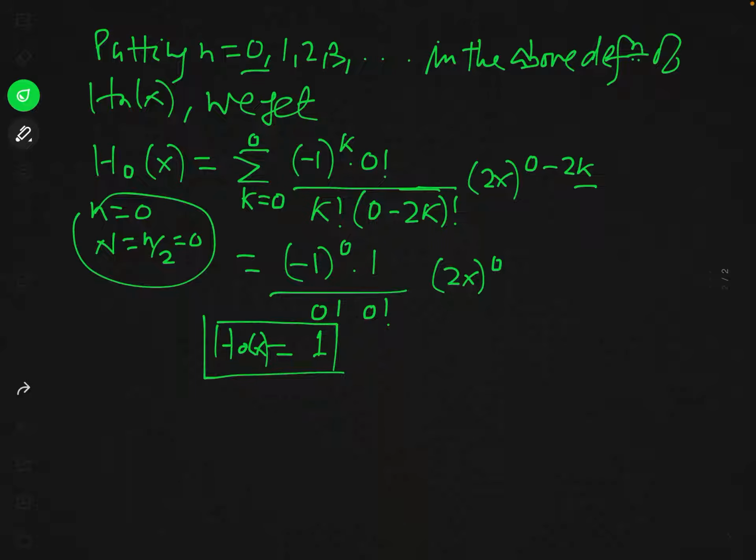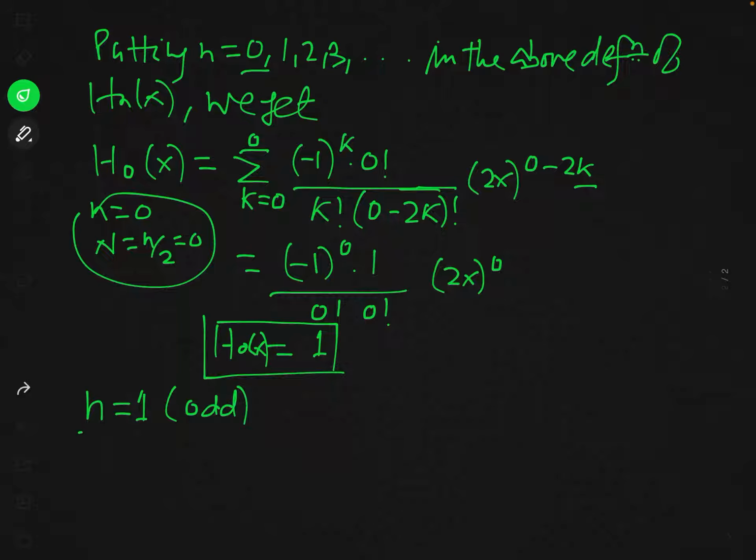So you can see that by using this definition we can easily find the Hermite polynomials of different orders. Till now we have obtained only the Hermite polynomial of 0 order. Now let us take n equal to 1, and you know n equal to 1 is an odd number.